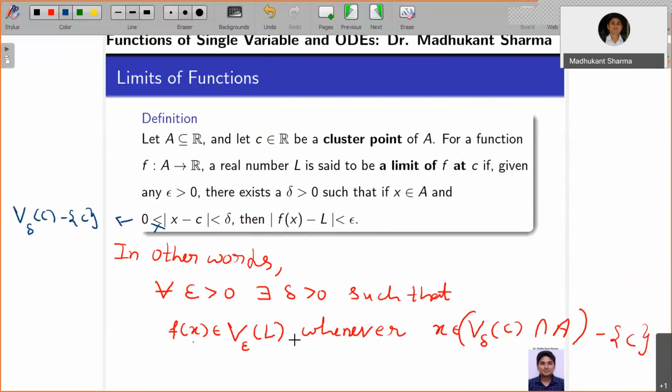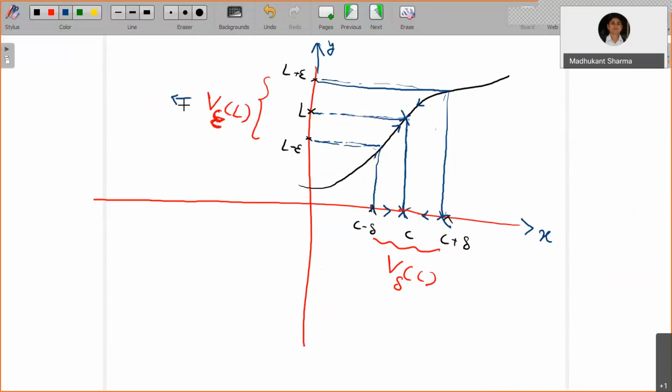Okay, right. So if you look at it geometrically, what does it mean? We have considered that this is an epsilon neighborhood of L and this is the delta neighborhood of c.